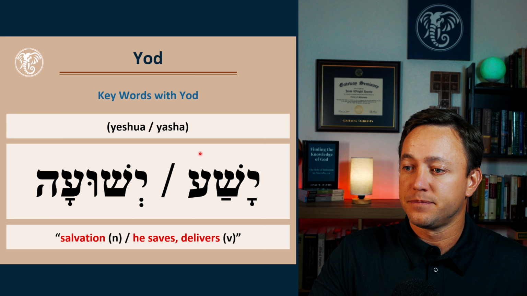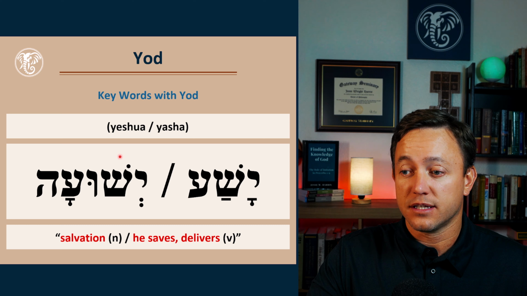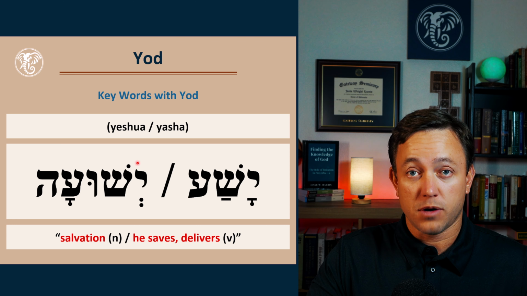The difference here is that Yasha is the verb, meaning he saves, or he saved, he delivered. And the other is sort of the product of that, the noun, salvation, the salvation act.